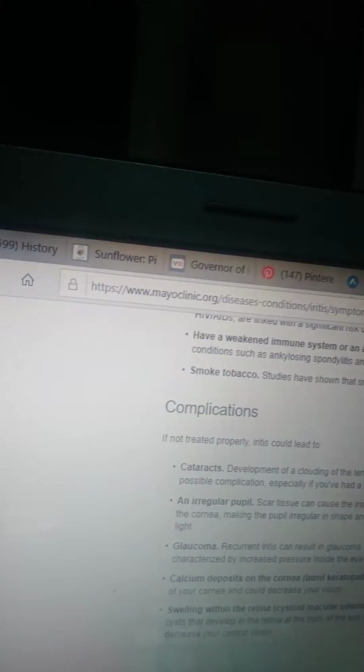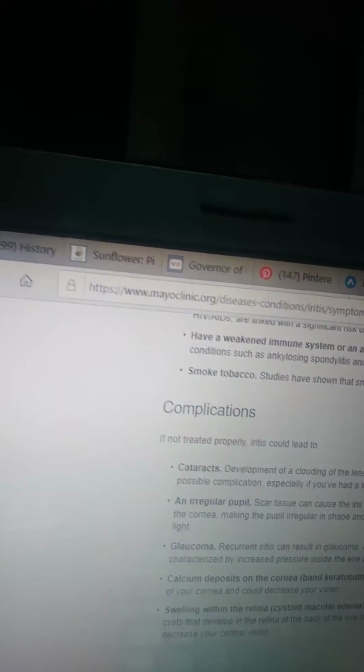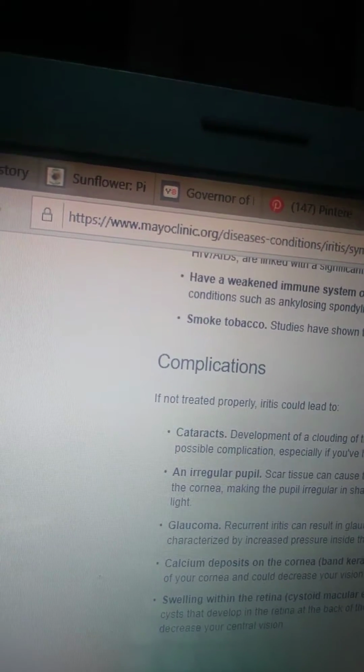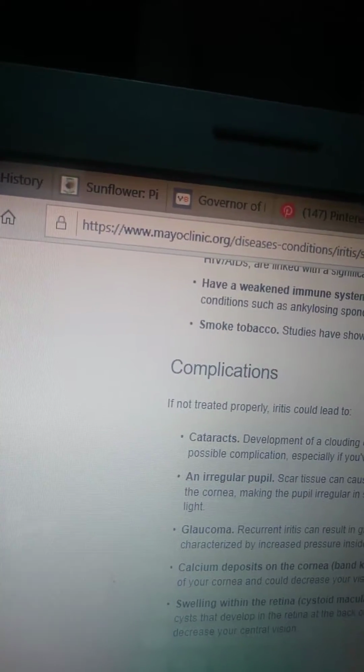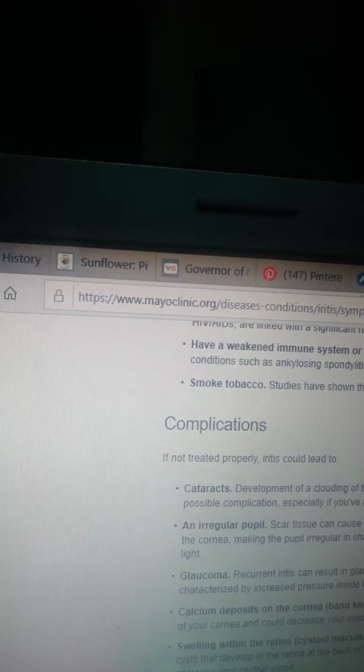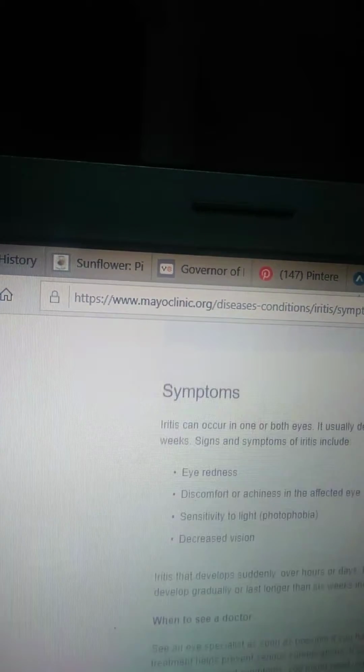Complications: cataracts and irregular pupil, glaucoma, calcium deposits on the cornea, swelling within the retina. Okay, so we're gonna take glaucoma first and see, because let me go back up to the front and show y'all they don't even know the reason for this.